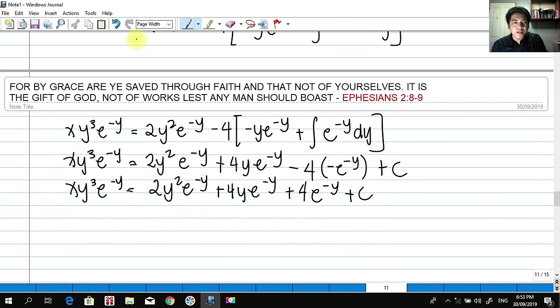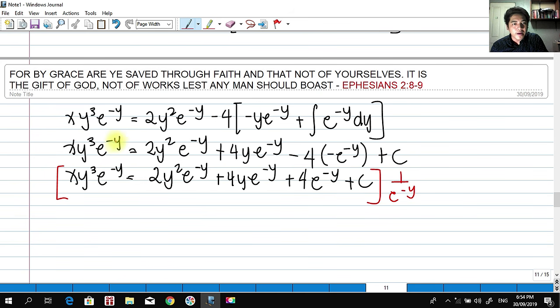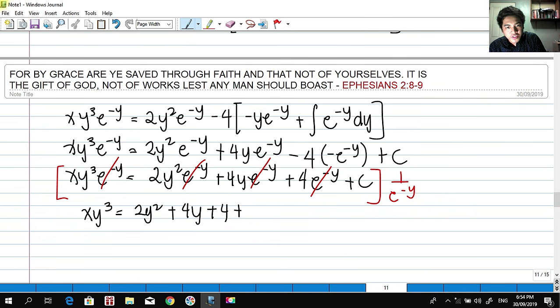Okay? And as you can see here, we can multiply this full equation by 1 over e raised to negative y. So that what will happen, our e raised to negative y here will cancel. But in our term of c, we will be having this 2y squared plus 4y plus 4 plus c over e raised to negative y.